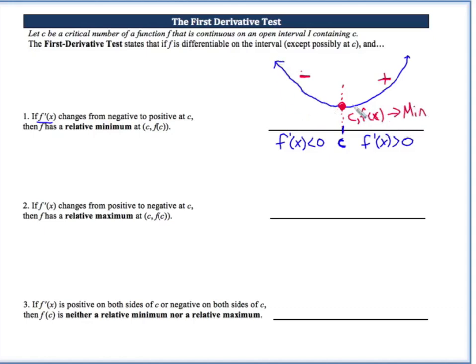Okay, so it's negative to positive, we get a minimum. Now, if f prime of x changes from positive to negative at c, then we have a maximum. So here, f prime of x is greater than 0, and then at c it switches over to f prime of x is less than 0. So that means we have an increasing function. It hits c and it's 0, and then we have a decreasing function.